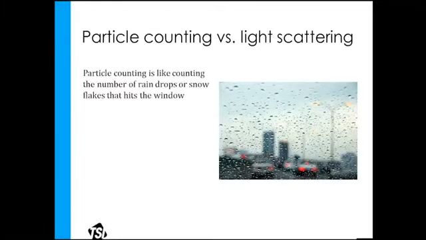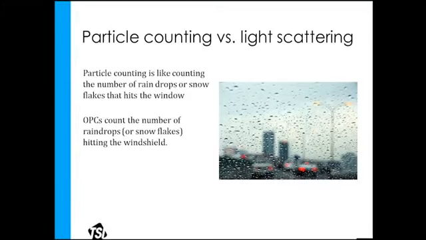The particle counter is really like counting drops of rain or snowflakes. The optical particle counter, the condensation particle counter, anything particle counter, I think of it as low concentration, a cleaner area. You're sitting in your car in the parking lot, there's a light rain, you can count the number of drops hitting the window.